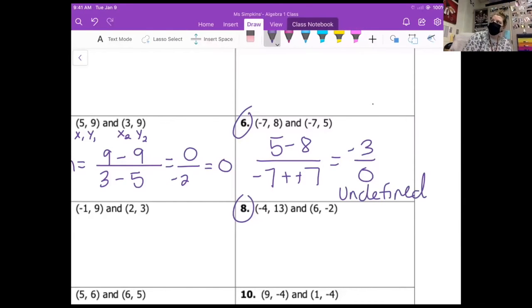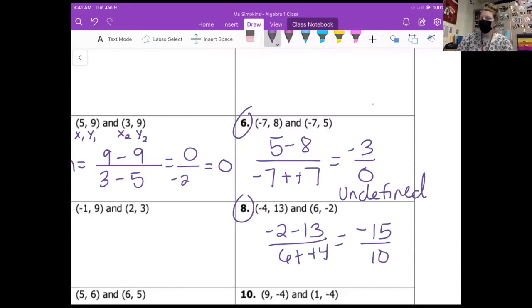And then 8 was -2 minus 13 over 6 minus -4. Again, these change to plus signs. So it'd be -15 over 10, but that could be simplified to -3 over 2 because they're both divisible by 5.